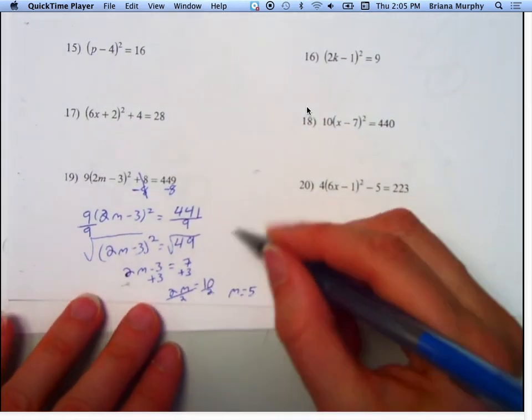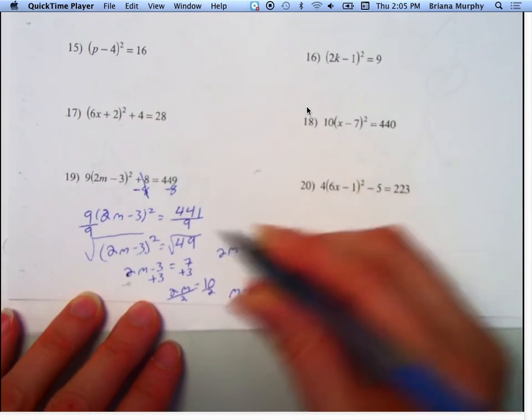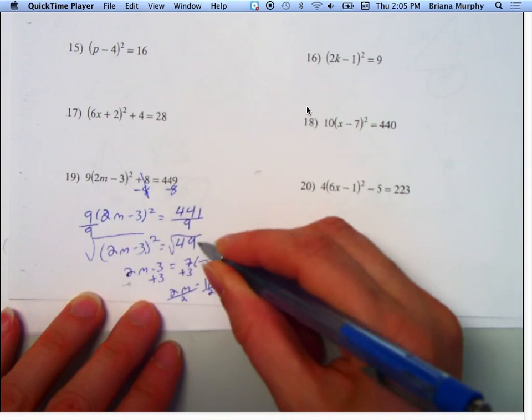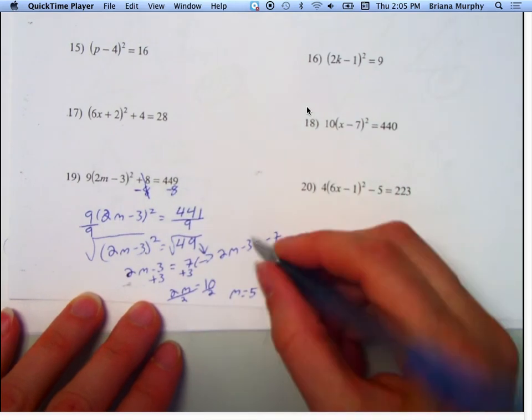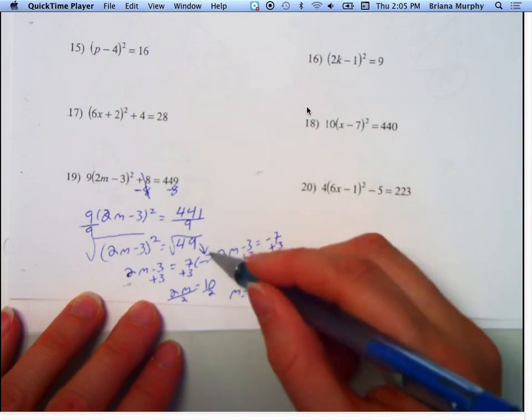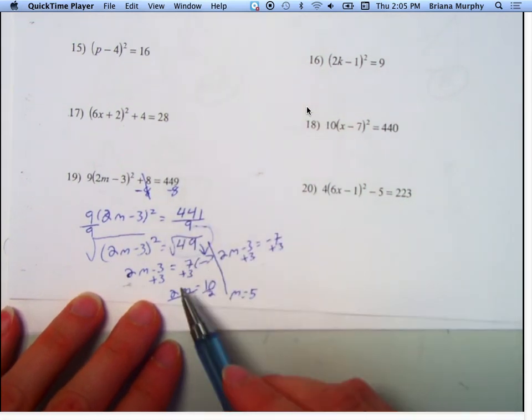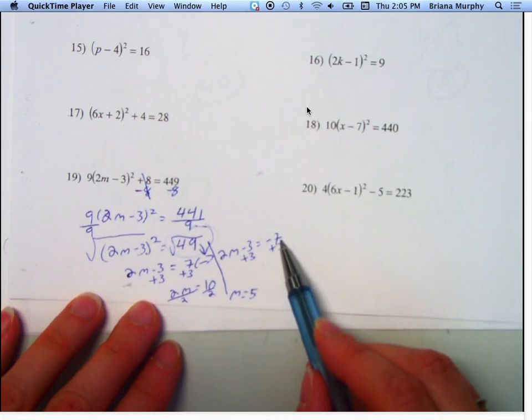Minus 7 right here. So this should be 2m minus 3 equals negative 7. So here's my split right when I take the square root. Now I add 3 to both sides. Do you guys see that? That when I square root something, I have to have a positive 7 and a negative 7.